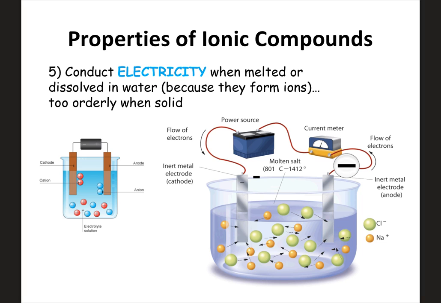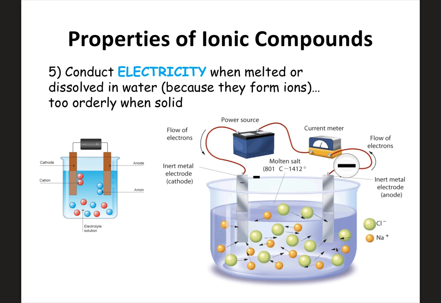Another property of ionic compounds is that they will conduct electricity, but they will only do this when they are melted or dissolved. We just talked about how when you put ionic compounds in water, they literally dissociate into their ions, into the pluses and the minuses. In order to conduct, you need charge to be able to flow. When an ionic compound is together in the solid form, it's too orderly.